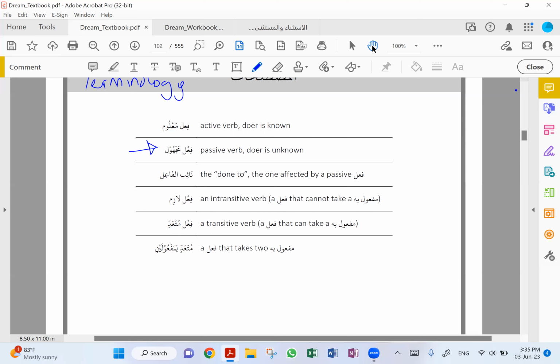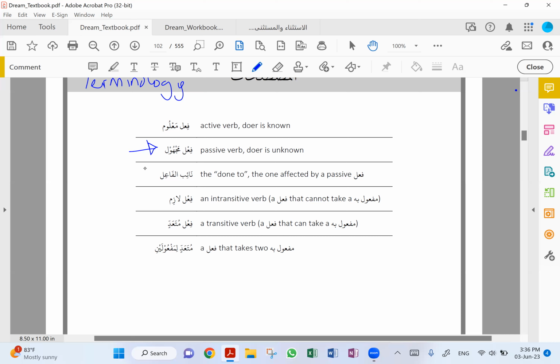What would that make? It won't make sense. I slept you. No. I slept bed. No, I cannot say that. It's not correct English. So something that cannot take a who or a what, that is an intransitive verb, and in Arabic we call it fi'al lazim. And I shall be using these terminologies more than the English terminologies.